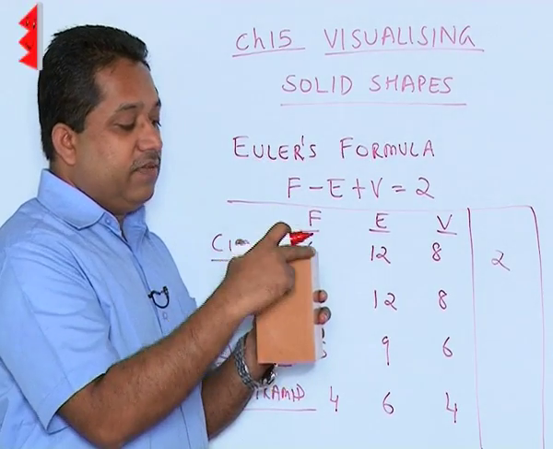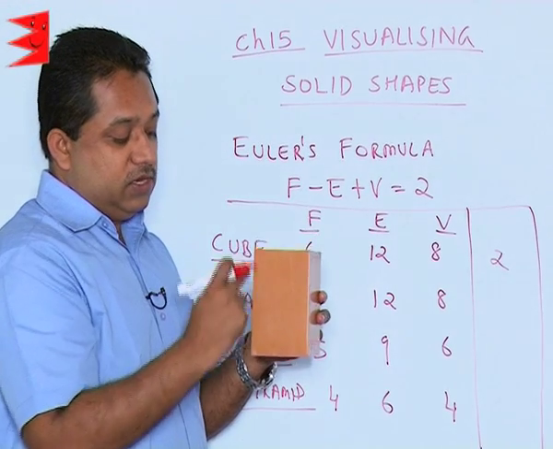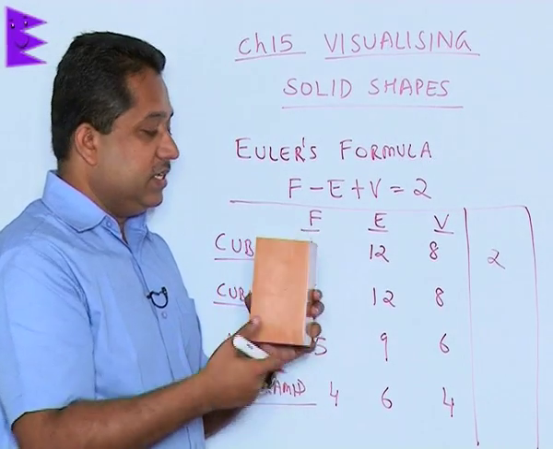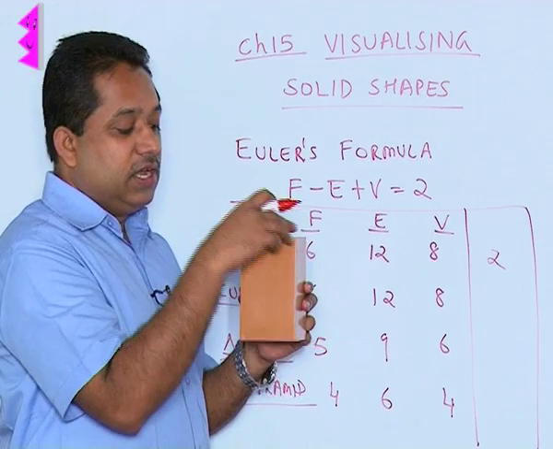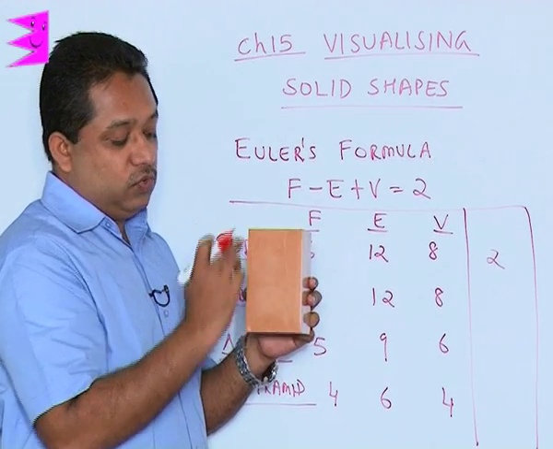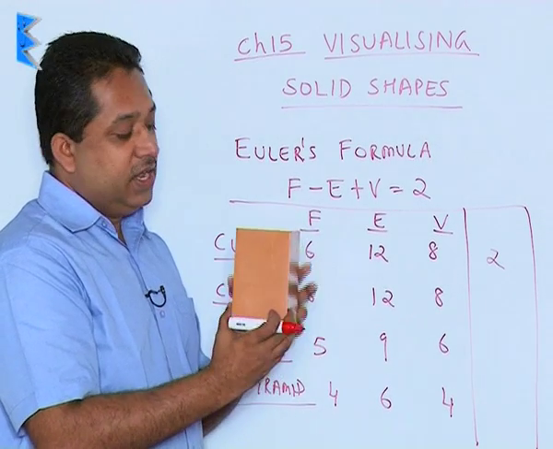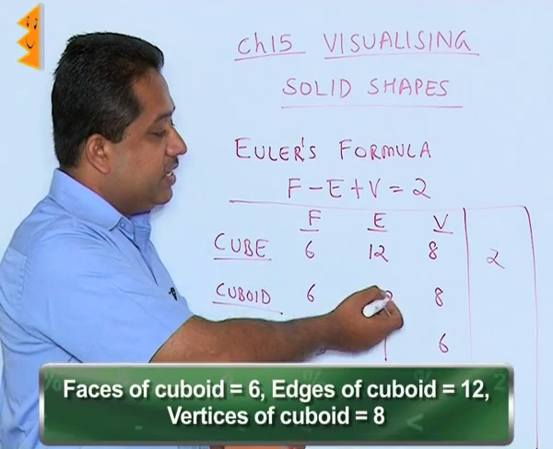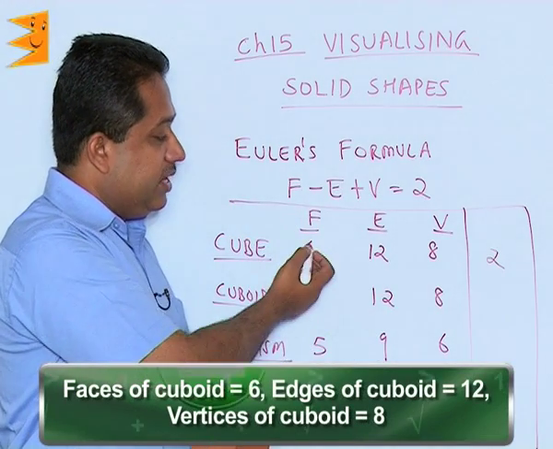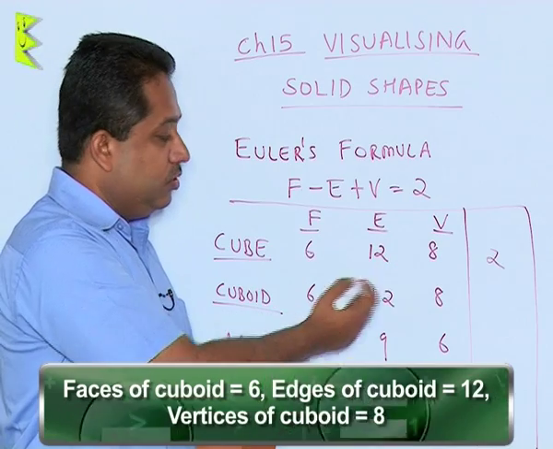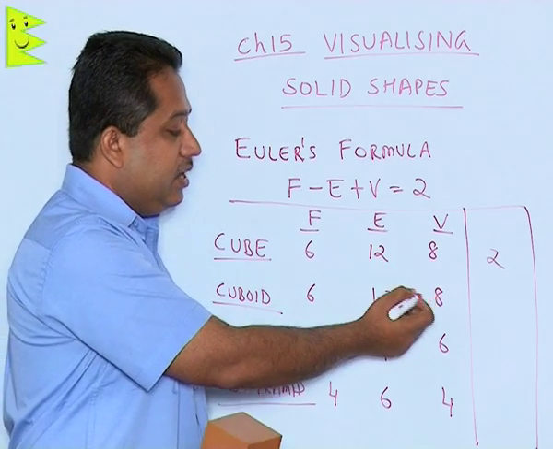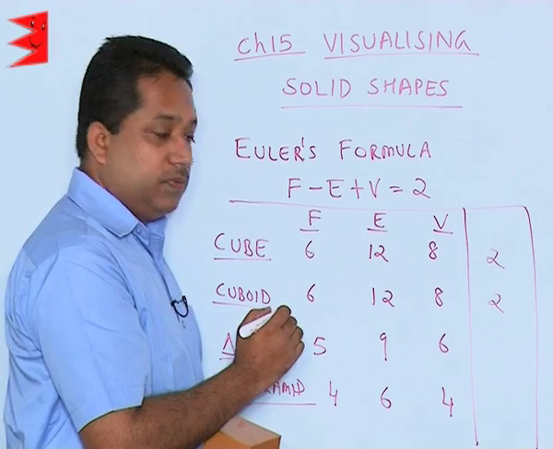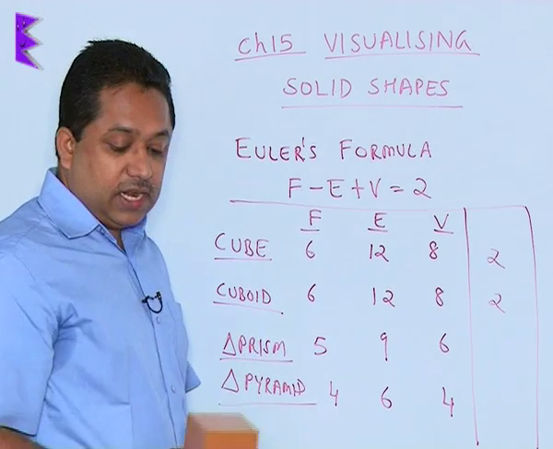Similarly we are having 12 edges, 4 here, 4 behind and 4 on the sides, and 4 vertices here and 4 behind it, so 4 plus 4 is 8. So, the number of faces, edges and vertices of a cuboid is identical to that of a cube. So, here also 6 plus 8 is 14, 14 minus 12, you are again going to get the result as 2.